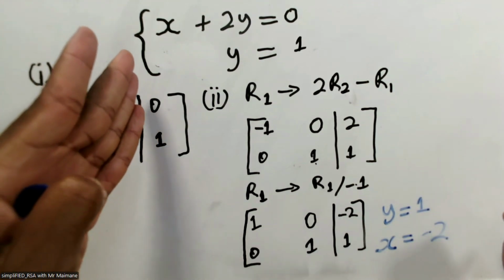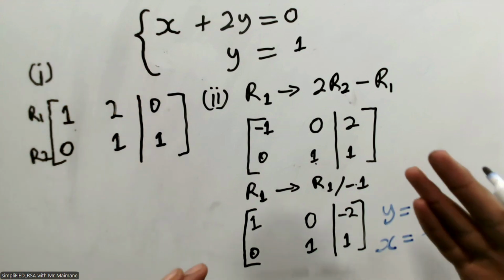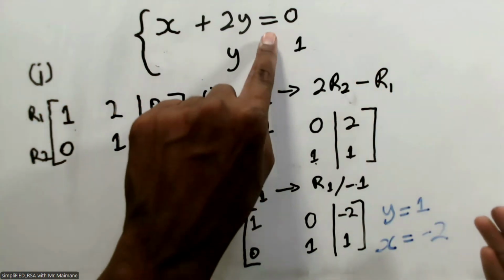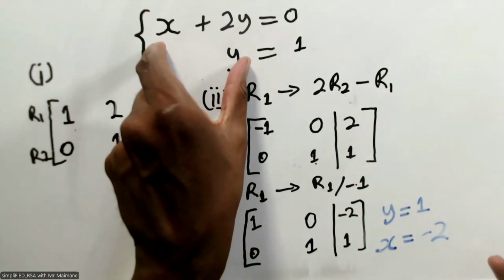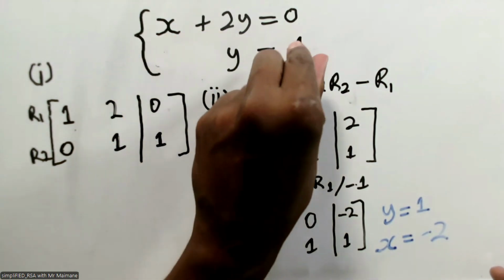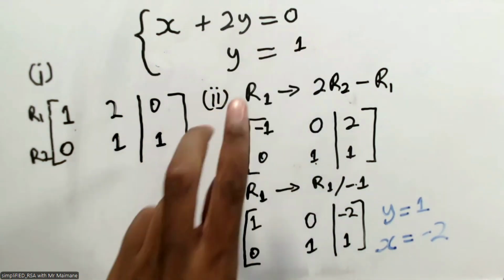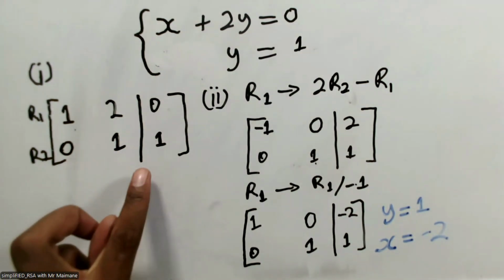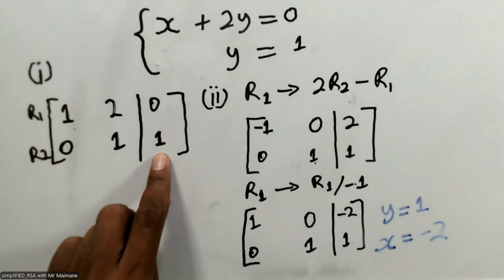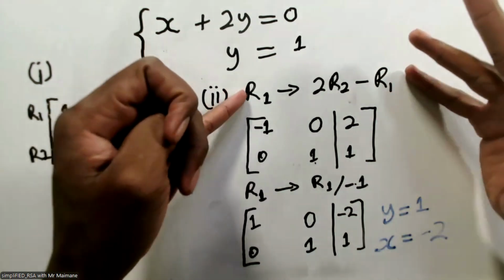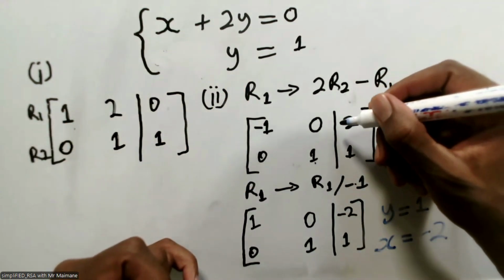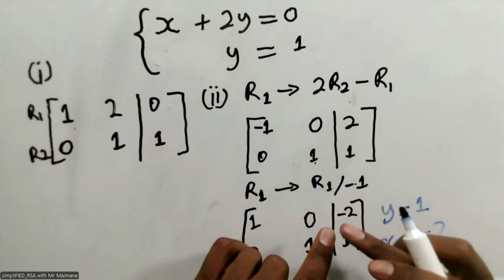As you can see, this solid line here represents the equal sign. So it's the coefficients, then the equal sign, then the numbers that we have after the equal sign. Even while I'm busy manipulating it, this solid line here represents the equal sign.